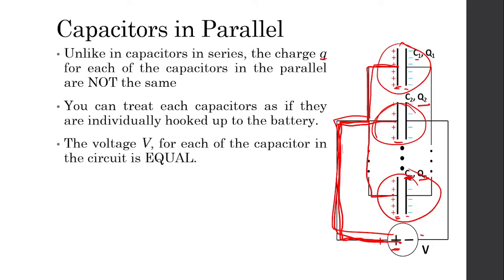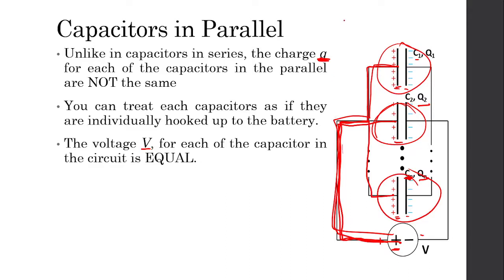But one thing here is, even if Q is not the same across these capacitors, the V is actually equal. The main reason for that is because they are individually connected to your battery. And remember from the discussion in lesson 10, the total voltage of an individual capacitor is determined by the voltage of your battery.